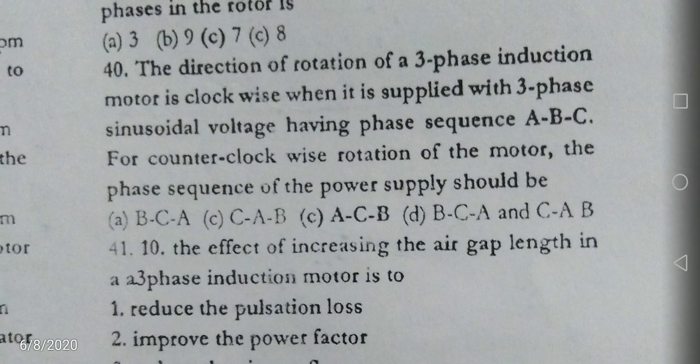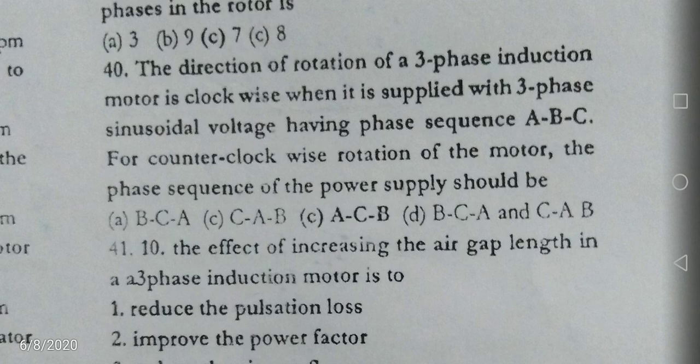In option B, CAB, reading from A we get A, B, C, so option B is also wrong.